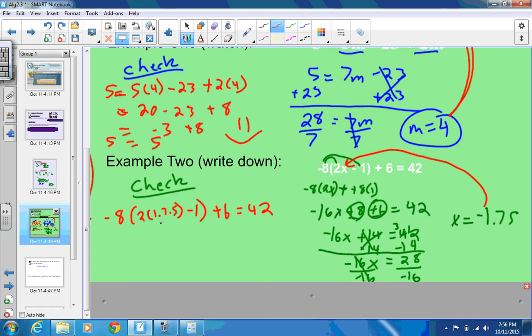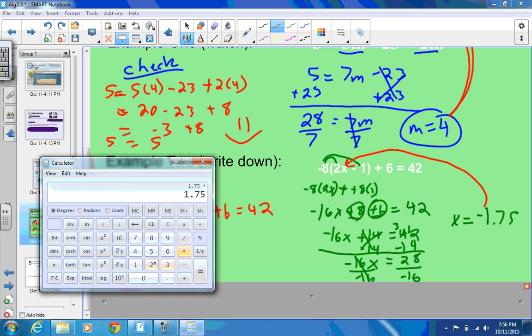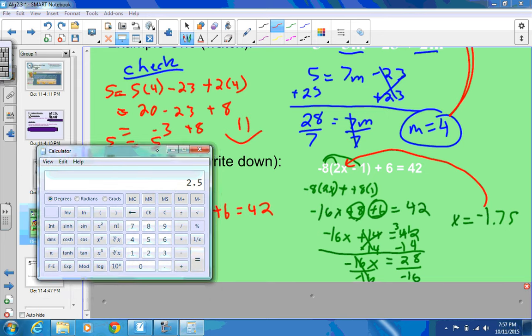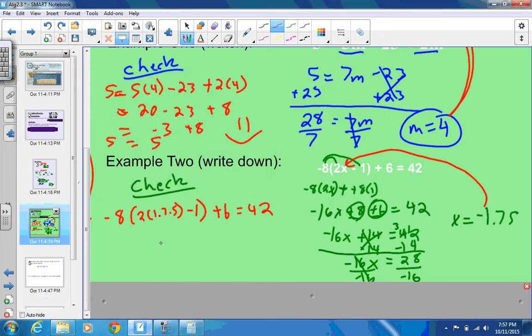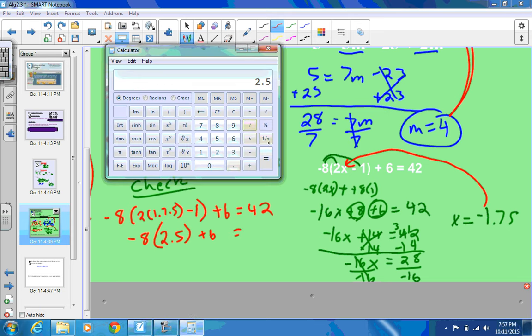Now we have to do the inside of the parentheses first. 1.75 times 2, and minus 1. So it's going to be 2.5 inside of this parentheses, times negative 8 plus 6. 2.5 times negative 8. I think it is negative 20. Yep, so that'd be negative 20.